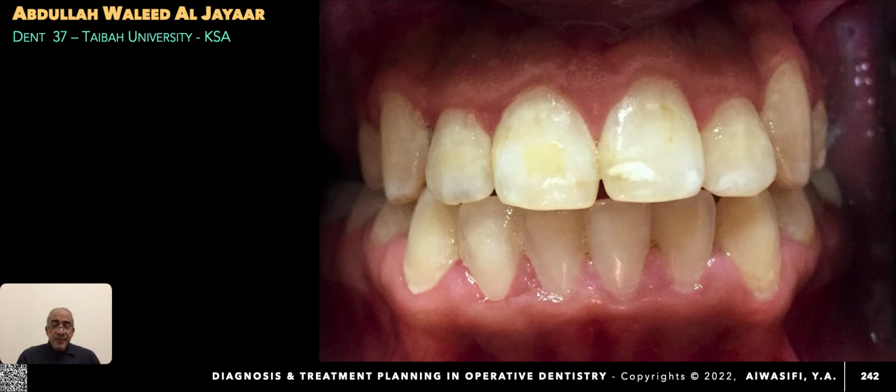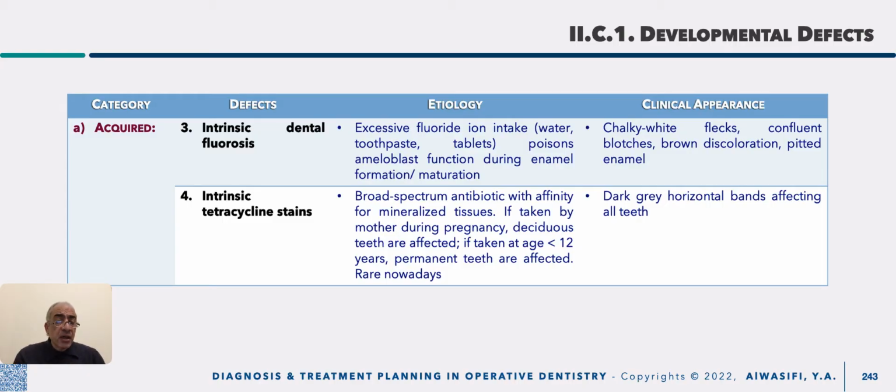Then coming to acquired dental fluorosis, intrinsic dental fluorosis. Dental fluorosis is due to excessive fluoride ion intake, either from water, toothpaste, or tablets containing fluoride, that poison the ameloblasts, affecting their function during enamel formation and maturation.